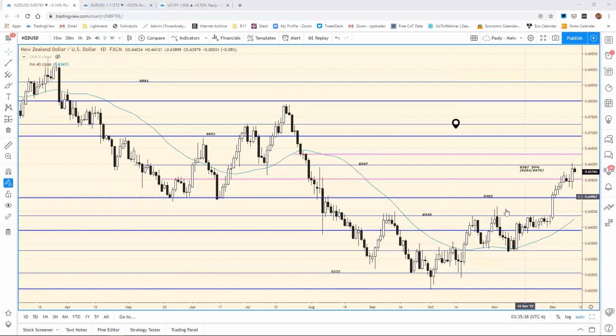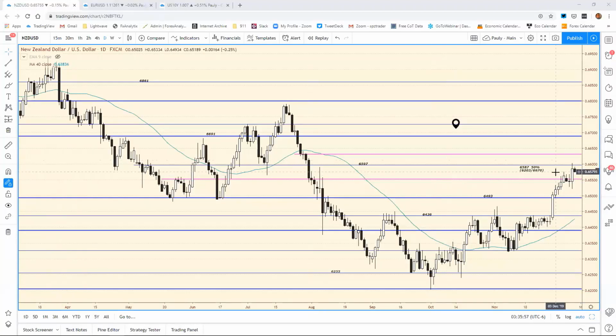Actually, it's not even showing a close. Yeah, we did. So it closed just above the bias chart resistance, which is 65.87. That's the 50% of 62.03 to 69.70. The resistance will be 66.32 with support at 65.21.